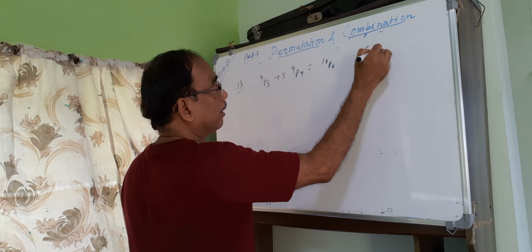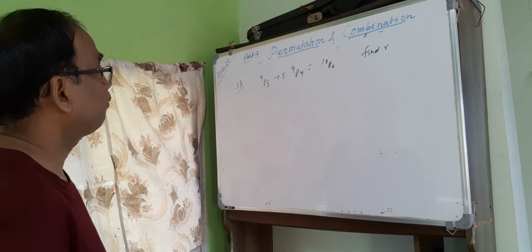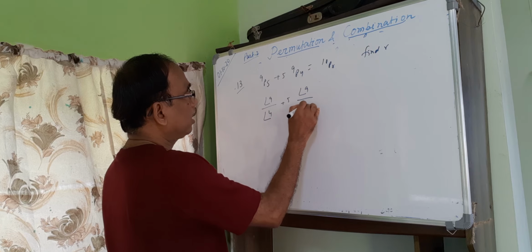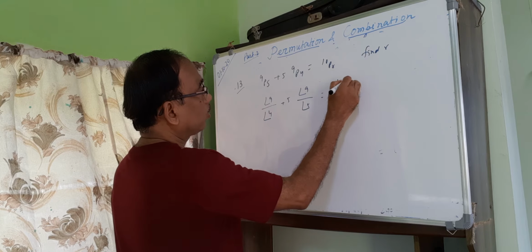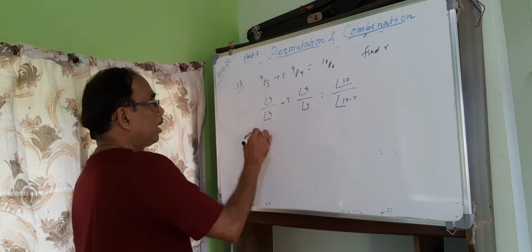Find r. You have to find, 9P5 means factorial 9 by factorial 9 minus 5, that is factorial 4. Plus 5 into factorial 9 by factorial 9 minus 4, that is factorial 5. That is factorial 10 by factorial 10 minus r. Factorial 9 is common.